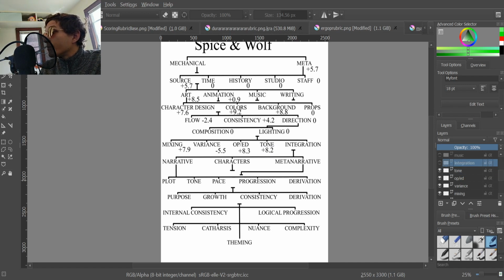So then integration. Because the tone of the music is so good, the integration works really well. But again, because of that lack of variance, the integration kind of suffers because it's not always on the mark. For those couple songs where it's really strong and doing a lot, it's really good for the integration. It makes you understand the thought process behind the characters.